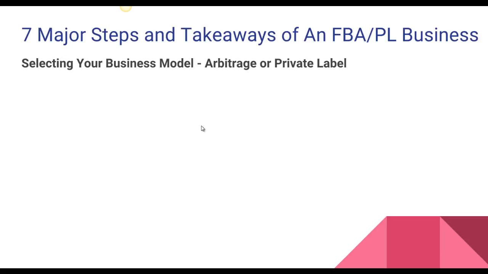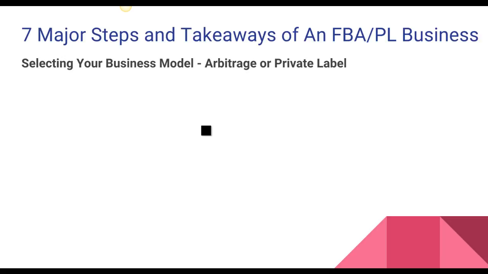Let's get started. First of all, you need to decide on what kind of business you are in. There's arbitrage and private label. Arbitrage means that you buy something at a discount place or a warehouse or a clearance place, and then you ship it to Amazon and market it through Amazon.